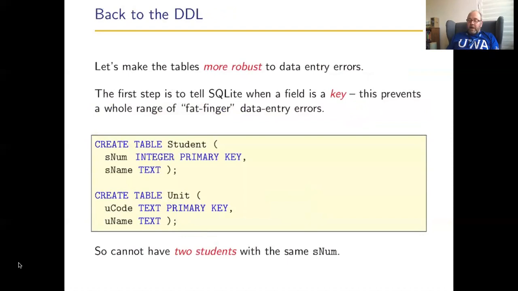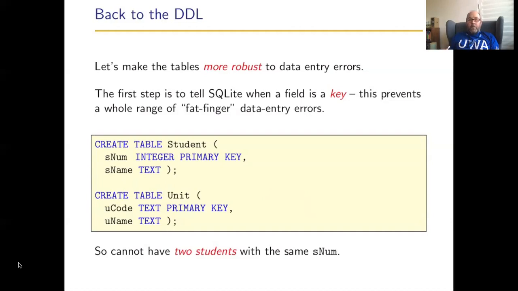Okay, let us go back to the data definition language and let's see if we can improve the tables by making them more robust to data entry errors. So the ideal here is that if someone enters something that's incorrect, maybe they've got a fat finger and they accidentally press the wrong key, then wherever possible, we want that error to be picked up immediately.